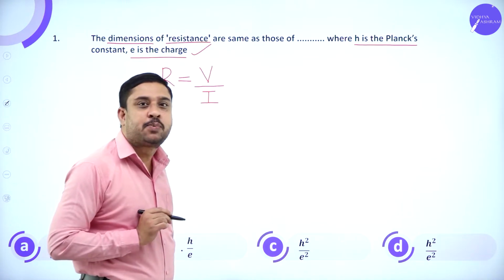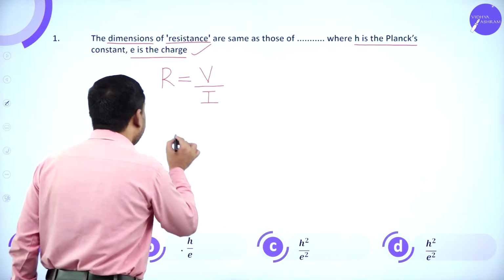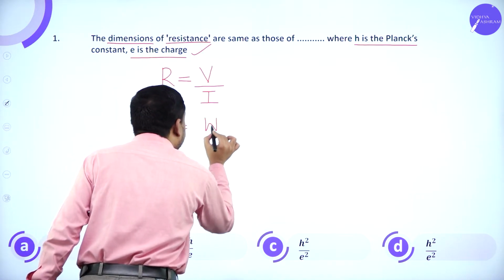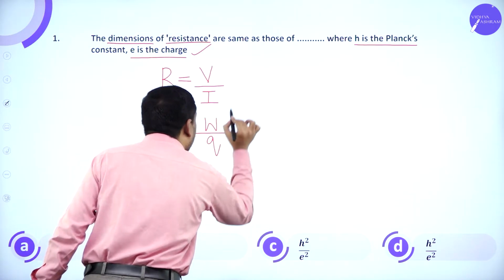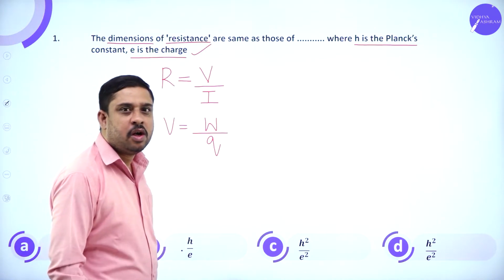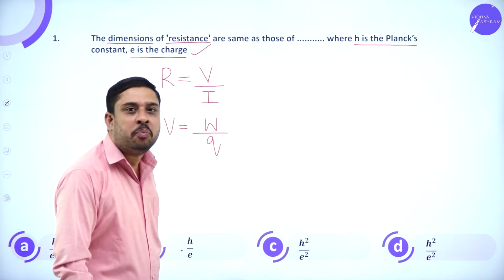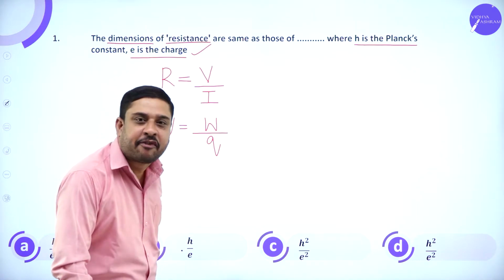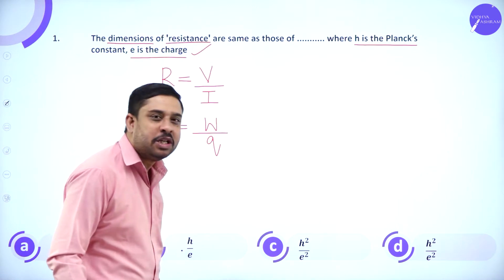Now this is potential. We know potential is W by Q, work done to move the charge in the electric field. Charge comes in.